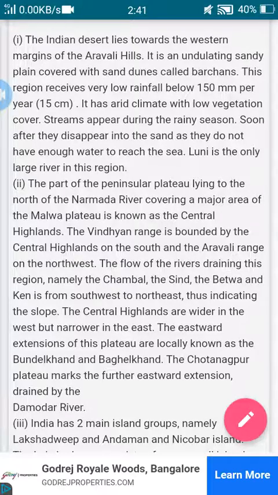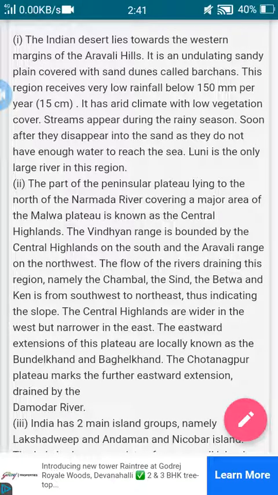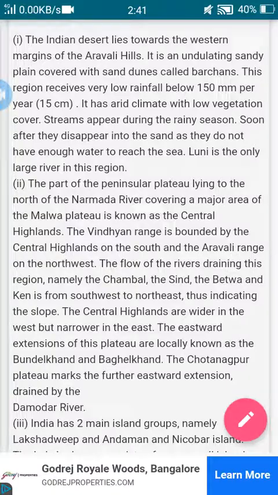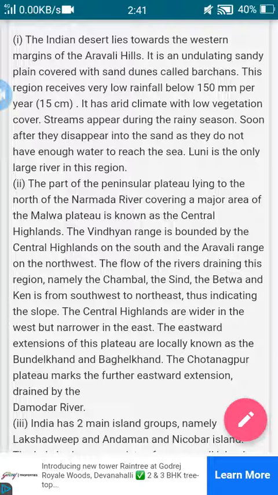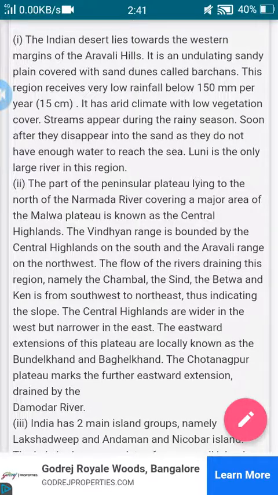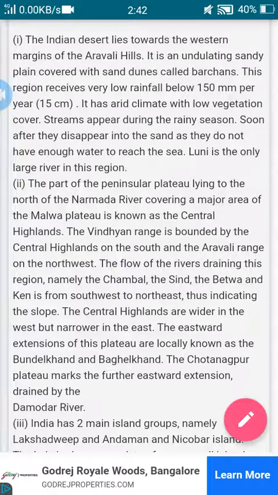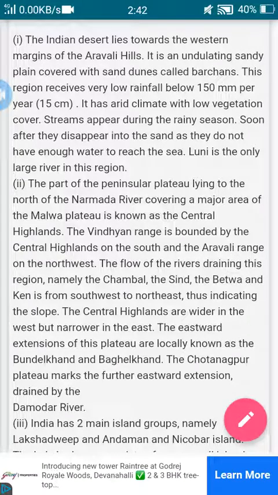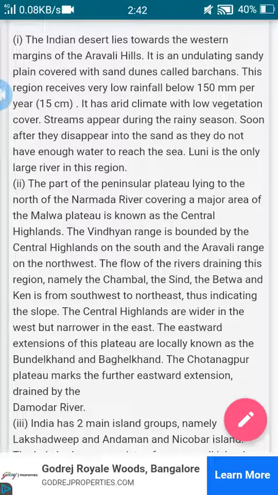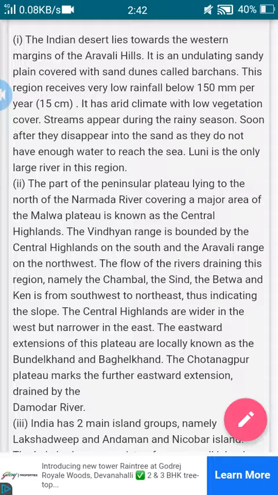This region receives very low rainfall, below 150 millimeters per year, that is 15 centimeters. It has an arid climate with low vegetation. Streams appear during the rainy season.